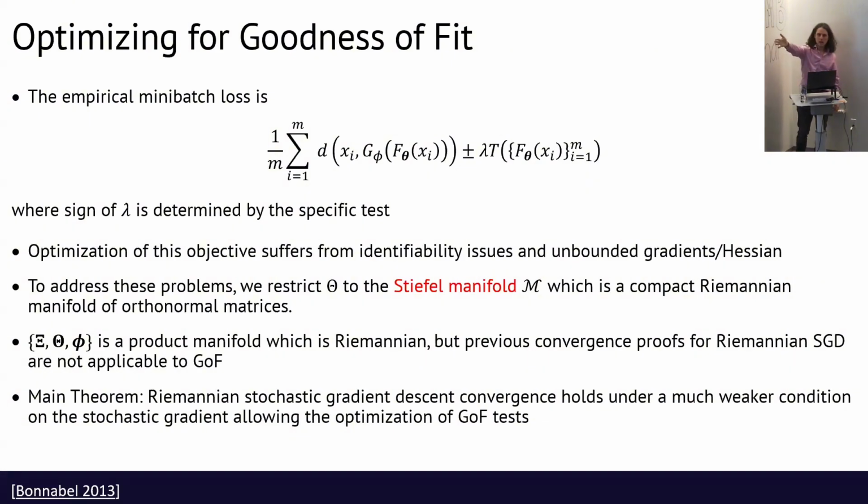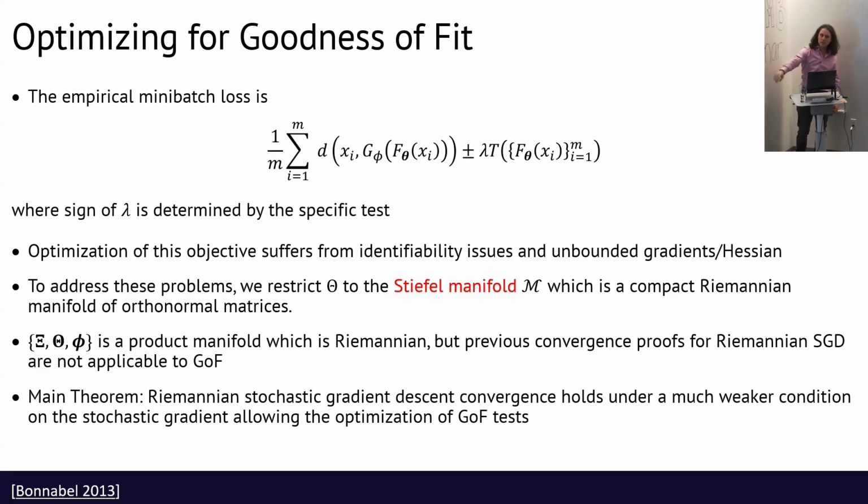Then we have our set of parameters, the parameters for the encoder and the decoder with our special Stiefel manifold parameters. This forms a product manifold, which is Riemannian. There are convergence proofs for Riemannian SGD, which we're going to use to train this, but they're not applicable to goodness-of-fit tests.